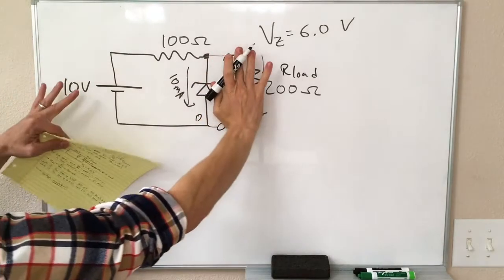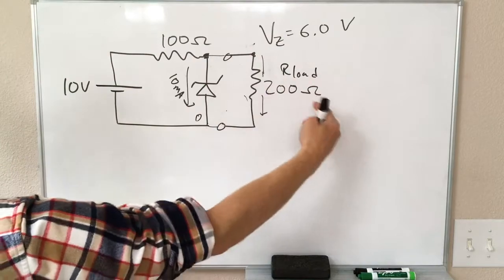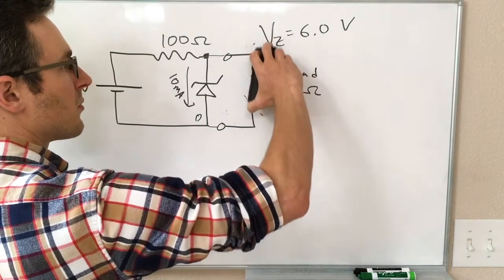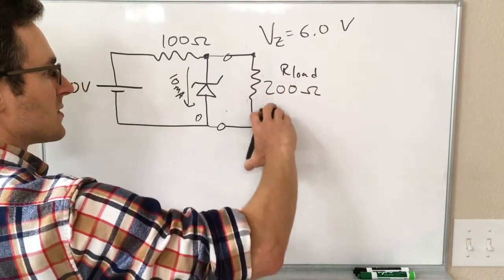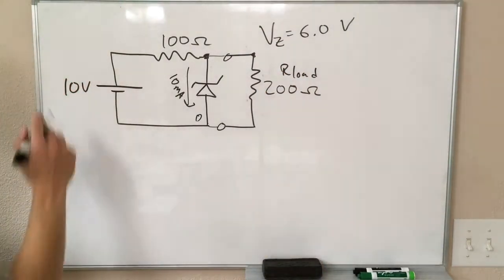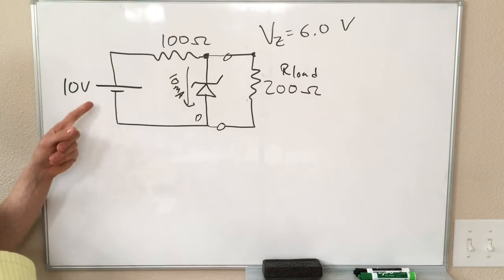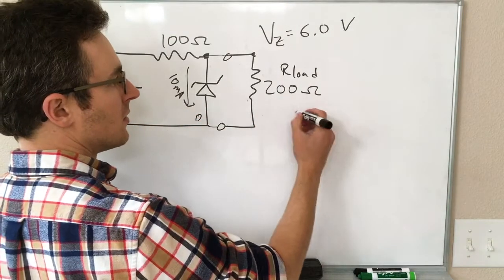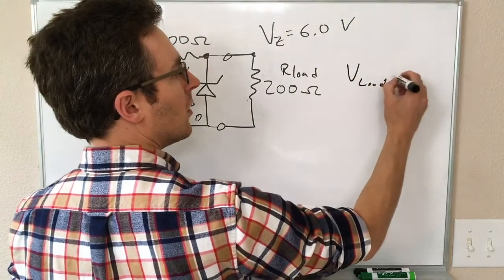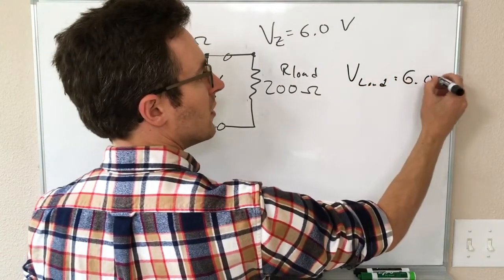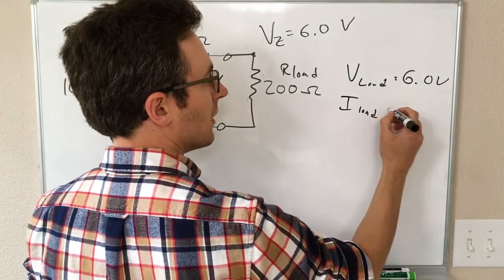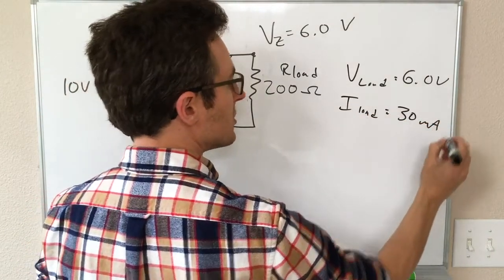So this circuit on the left is like a thing that we are connecting this 200 ohm load to. Something neat happens with this Zener diode in this configuration. And that is, if this voltage over here is 10 volts, we see that this load has a voltage of 6 volts because of the Zener diode and a current of 30 milliamps. That was what we just saw.